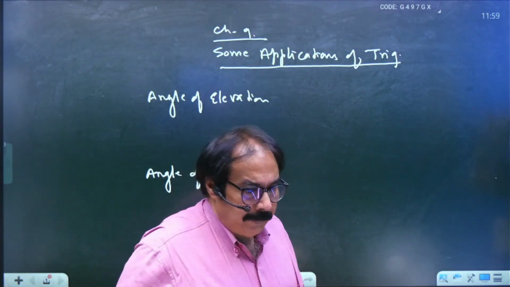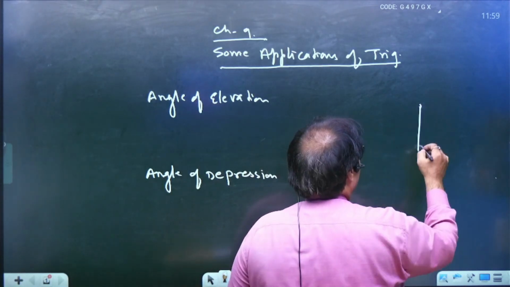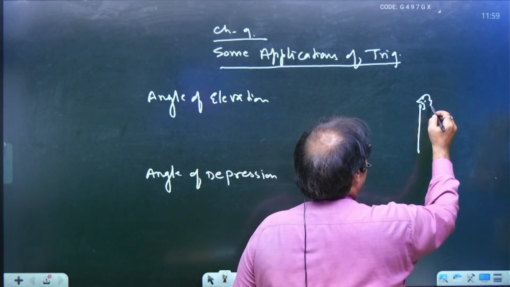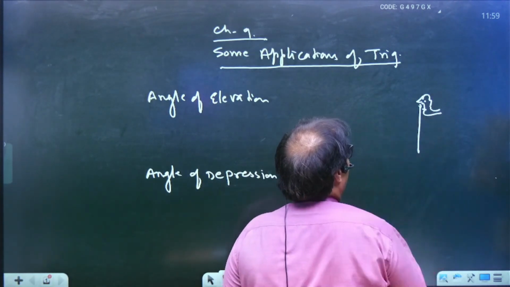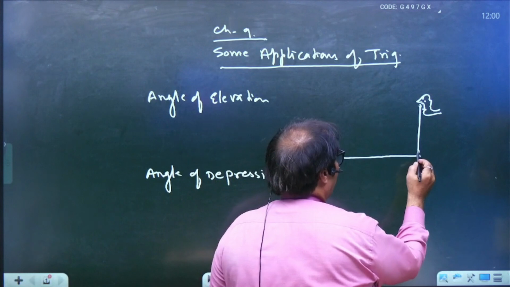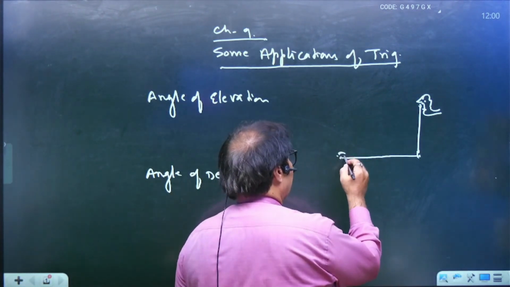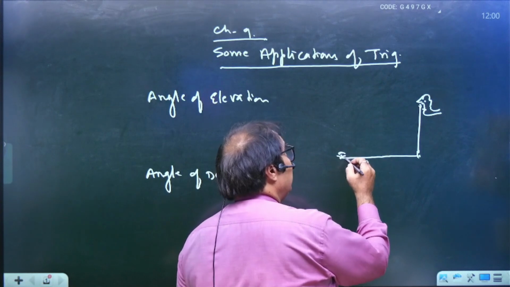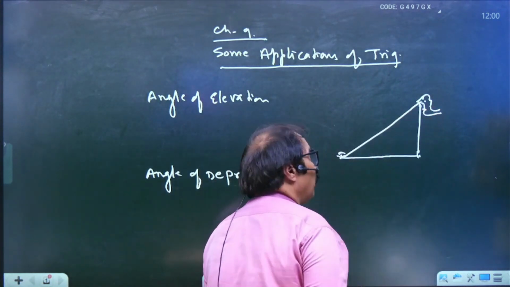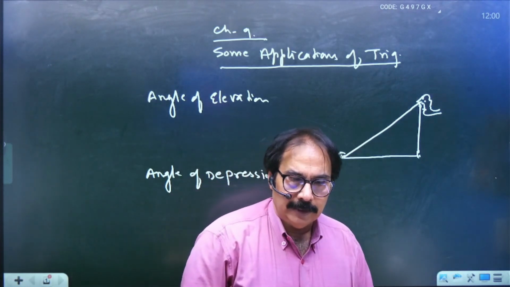Suppose this is the object, and we have to observe this object from the ground, and here is the observer. The angle between the observer and the object is the angle of elevation.